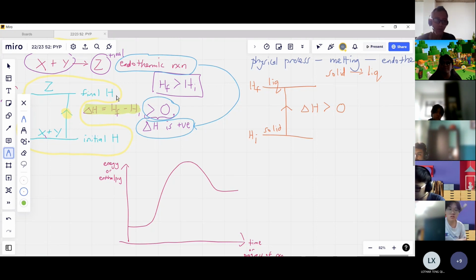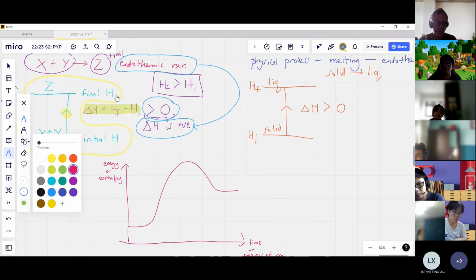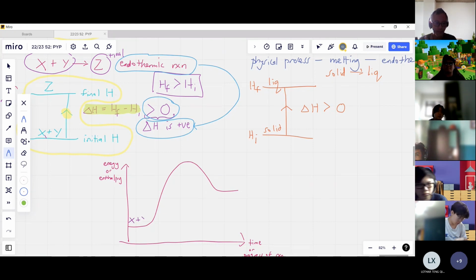Now, as always, remember, time is always from left to right. So likewise, look at my reaction. What's on the left? X and Y. So just put X and Y here. And what's on the right? Right is my product. So as time moves from left to right, Z, or my product, will be here.